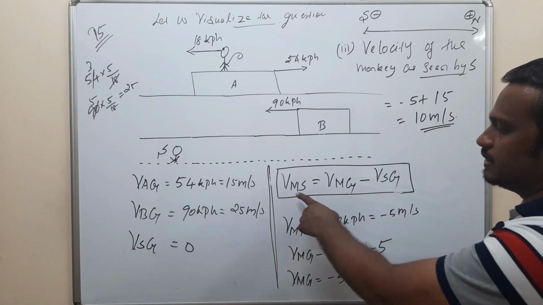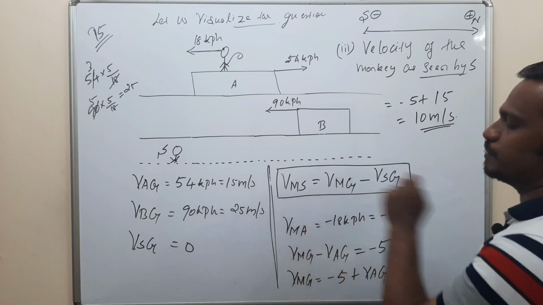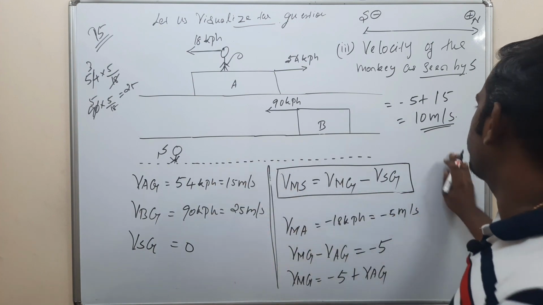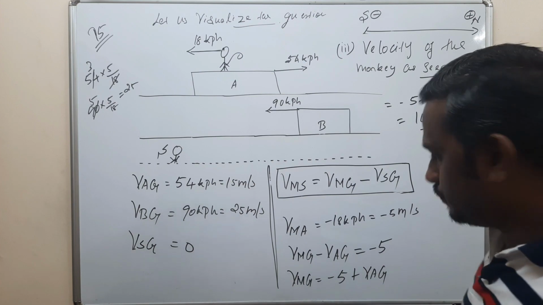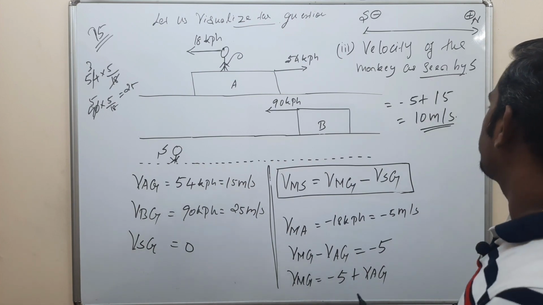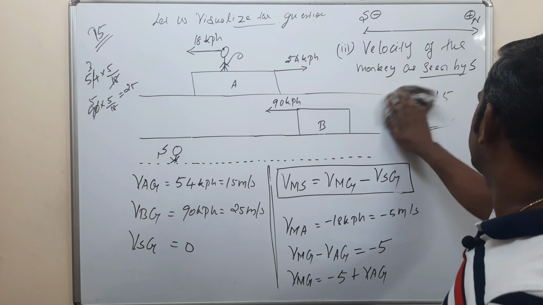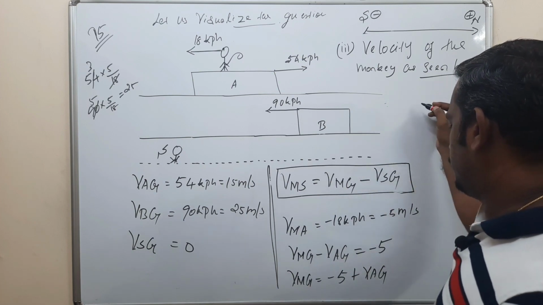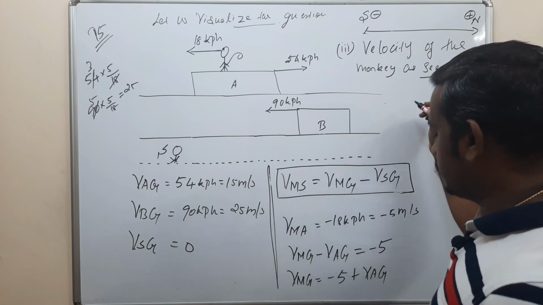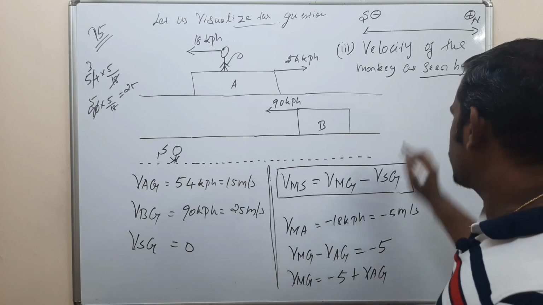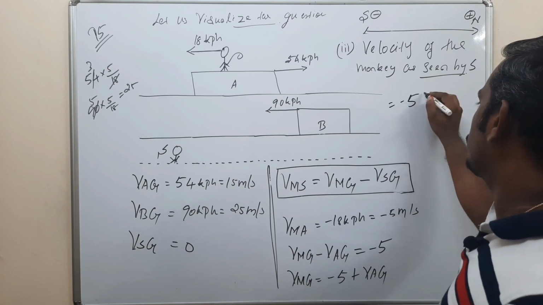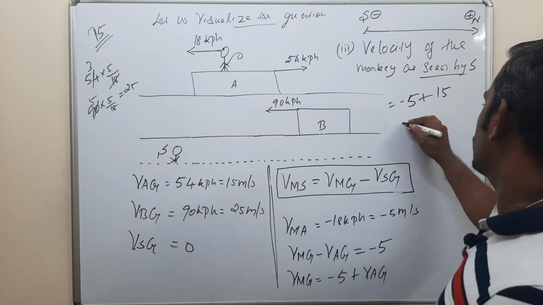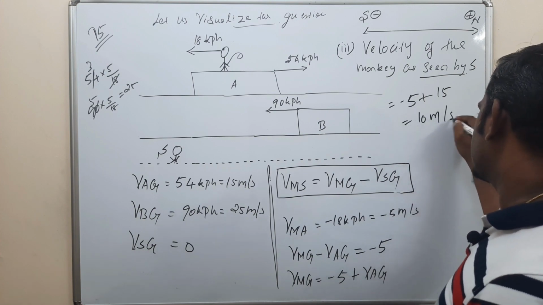Now we can find the velocity of the monkey with respect to the observer S.